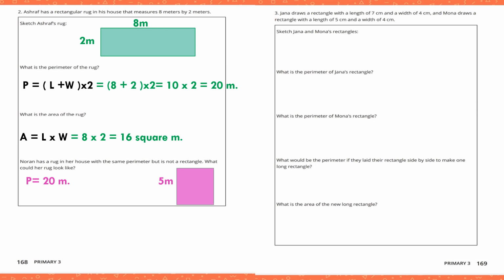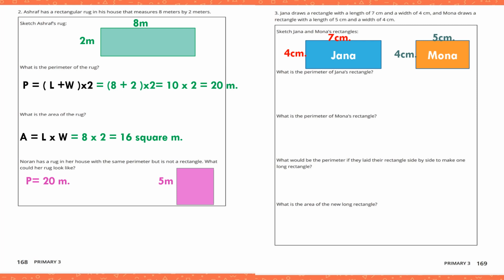Jana draws a rectangle with length 7 centimeters and width 4 centimeters. And Mona draws a rectangle with length 5 centimeters and width 4 centimeters. What is the perimeter of Jana's rectangle?